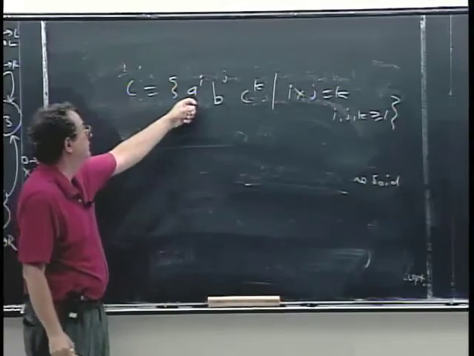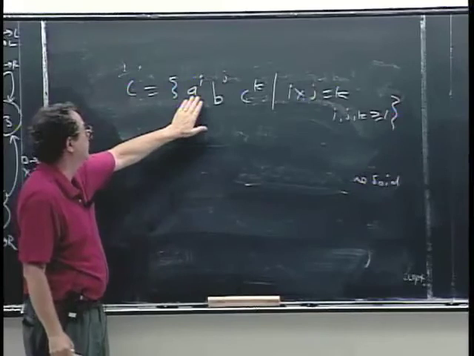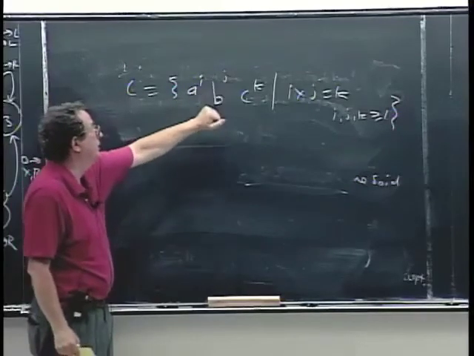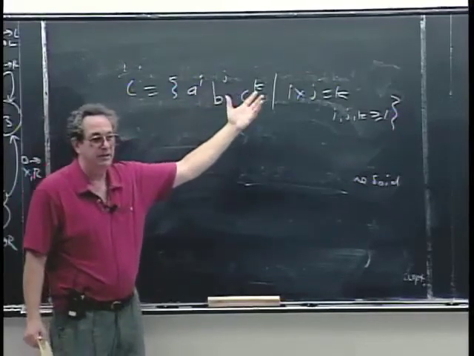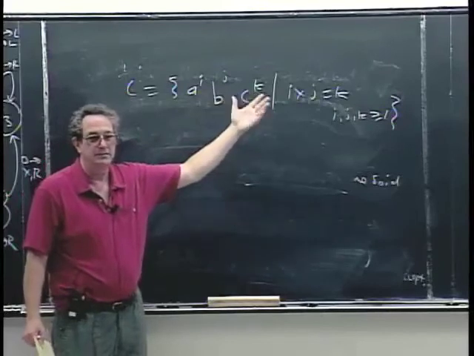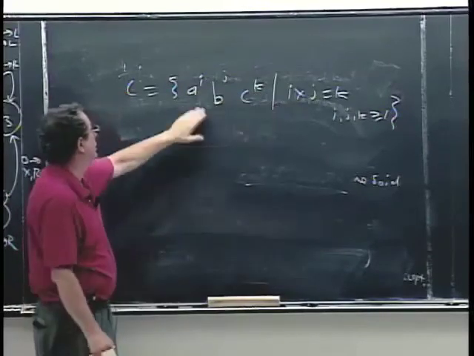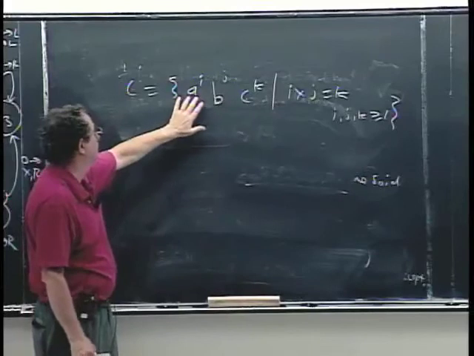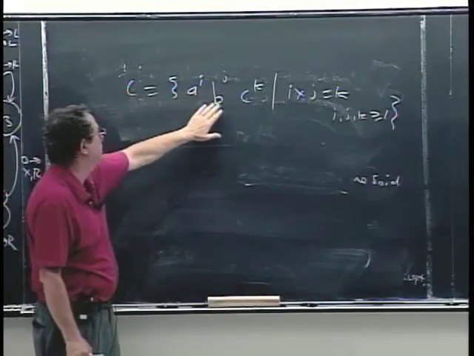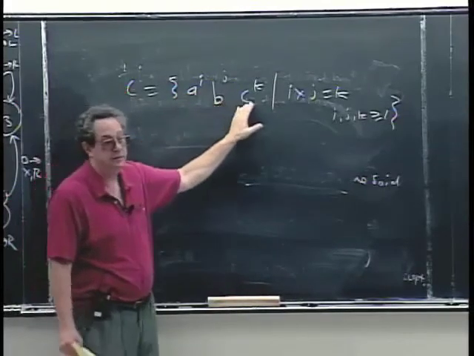It can check whether i times j is equal to k, but it's doing it in a very tedious way, whether the number of a's times the number of b's is equal to the number of c's.